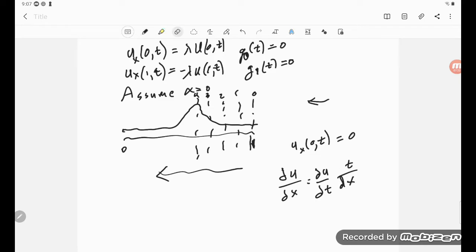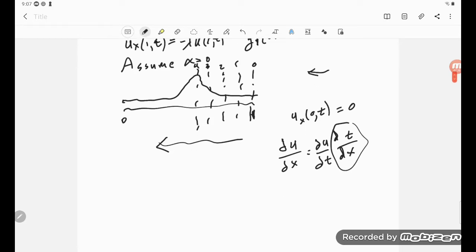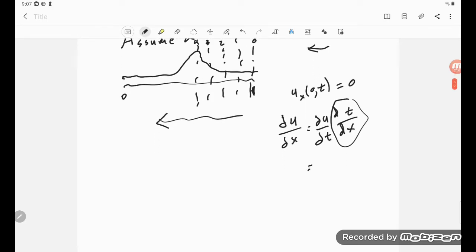That's a real live derivative. Okay, so we would have that, and the units would match and all that. And we sort of have that because that is just 1 over dx dt. So we got the partial of u, partial of t, times 1 over dx dt.